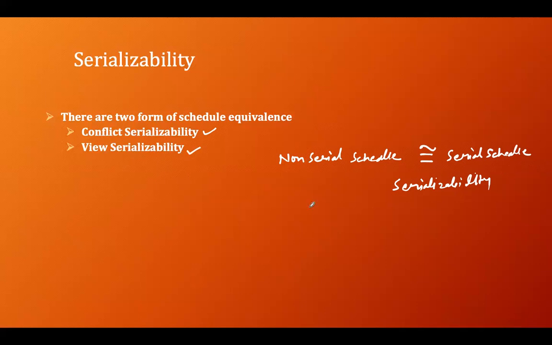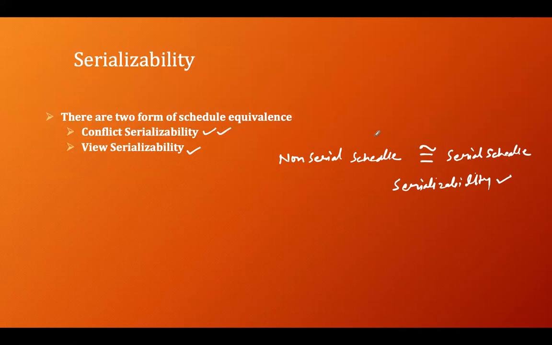Getting it? I am repeating once again. If the non-serial schedule is equivalent to any serial schedule, it is called serializability. If the conflict of the non-serial schedule also exists in any of the serial schedules, then it is called conflict serializable.